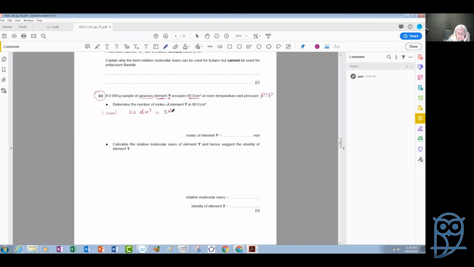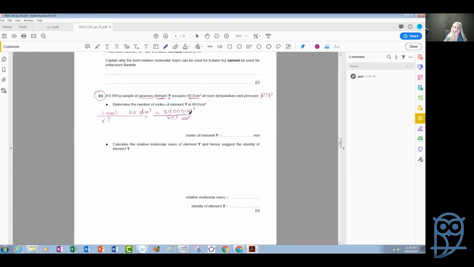Or we can write it in the form of 24,000 cubic centimeters, just because they give us the volume in cubic centimeters. So 1 mole of any gas, in our case gas Y, occupies this volume. Now that we have 60 cubic centimeters of this element, how many moles is that?